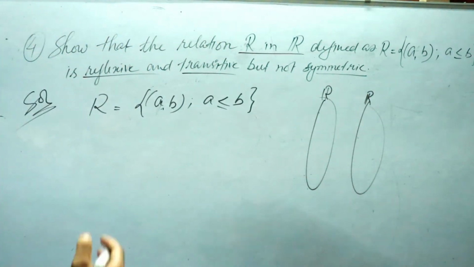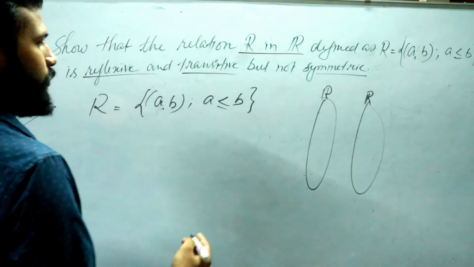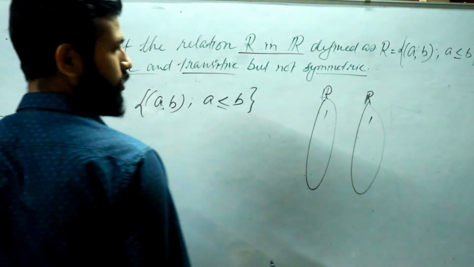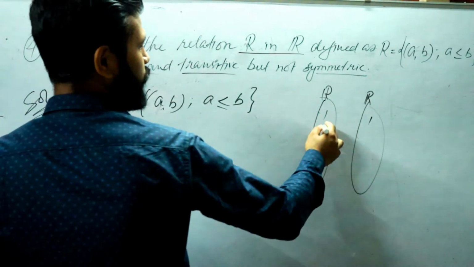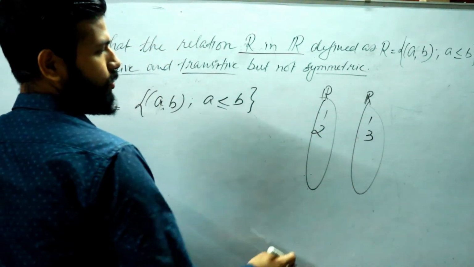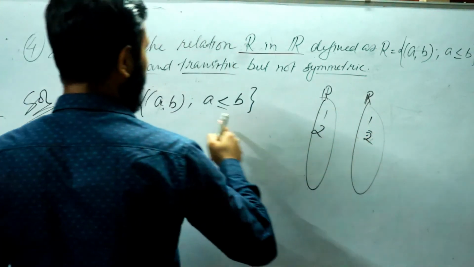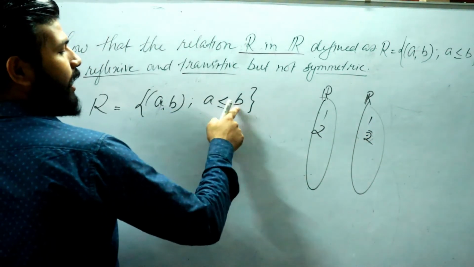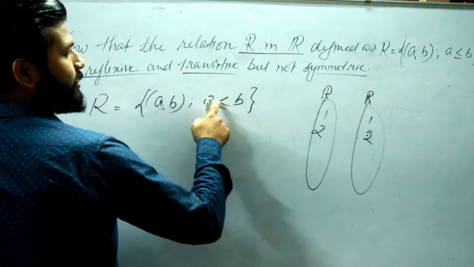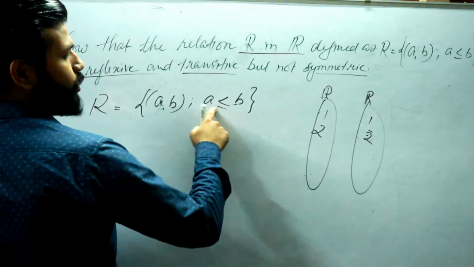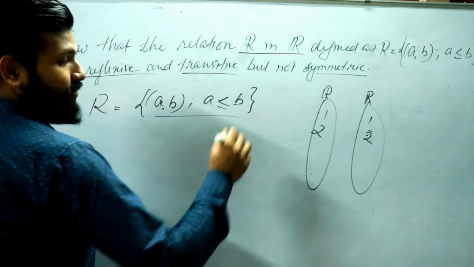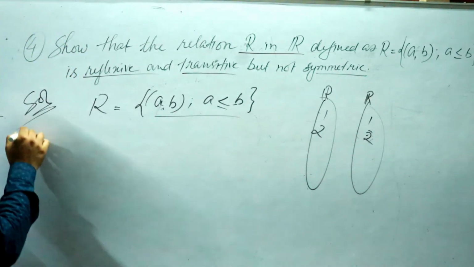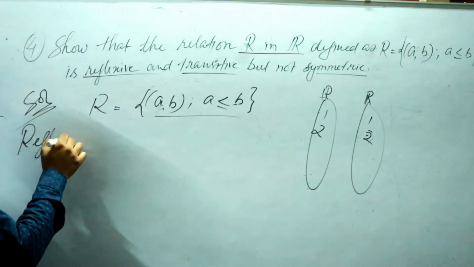So if you take 1, you will get (1, 1), obviously no problem. If you take 2, you will get (2, 2), because if I take 1, 1 is also equal to 1, right? So it exists in the definition. So let us prove reflexive.